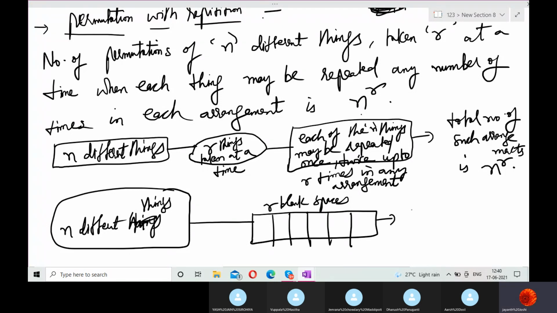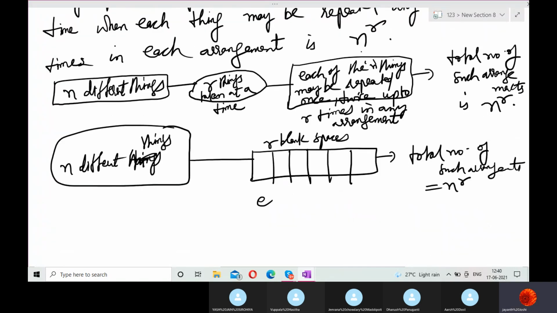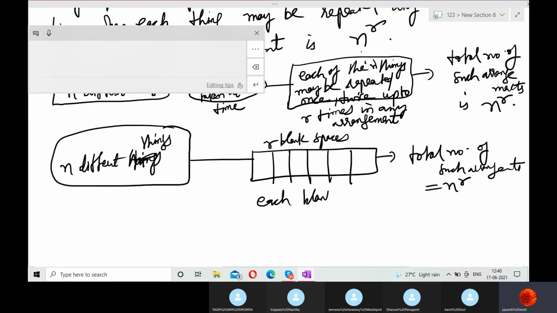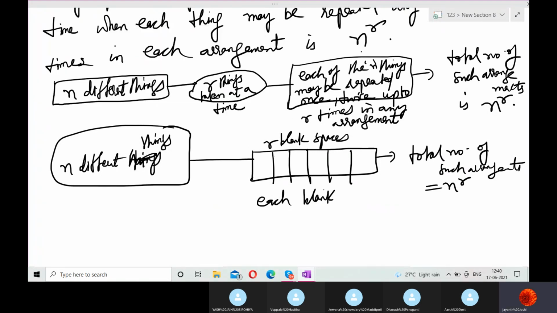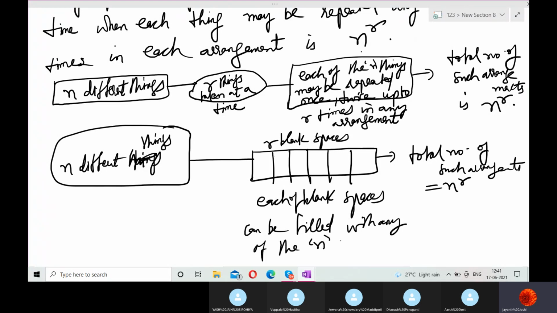So now each of the blank spaces can be filled with any of the n given things.